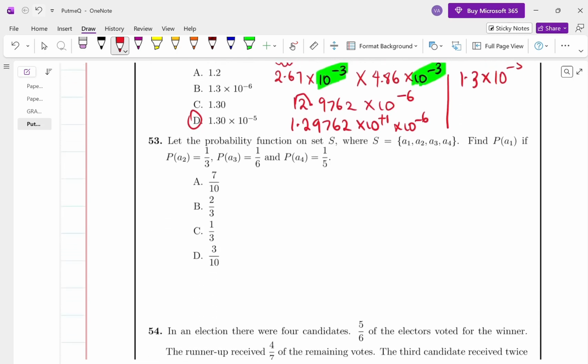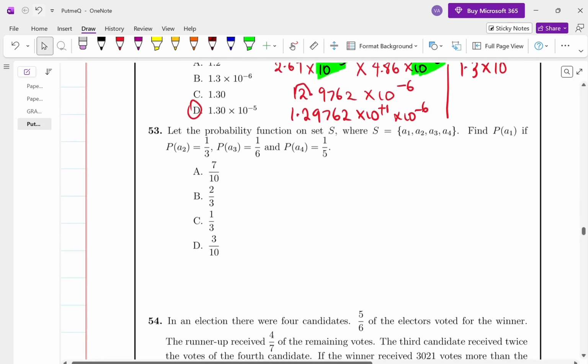Question 52. Let the probability function on set S, where S is equal to this. So we have to find the probability of A1, that's the probability of the event A1, if the probability of A2 is this, probability of A3 is this, probability of A4 is equal to this. To start with, you need to know that for probability functions, when you add up probabilities, you should get 1.